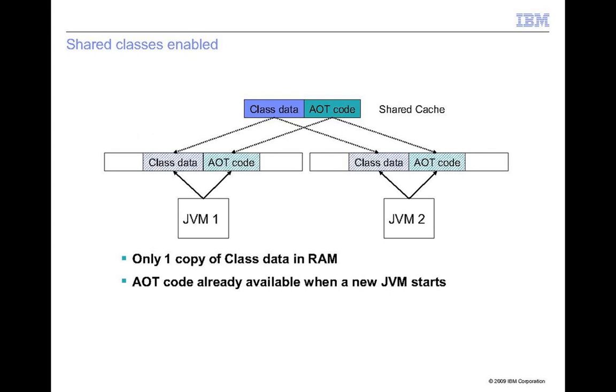Because there's only one copy of the class data in RAM, both JVMs are referring to the same memory locations, which means that the memory usage associated with class data is half the size that it would have been if each JVM had its own independent copy.